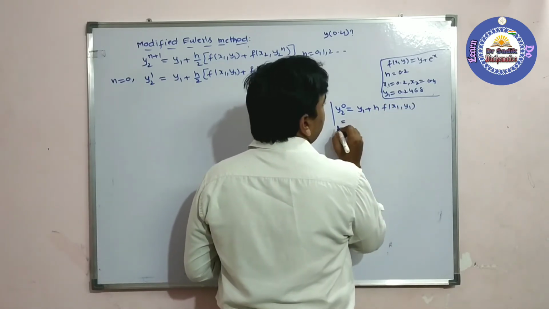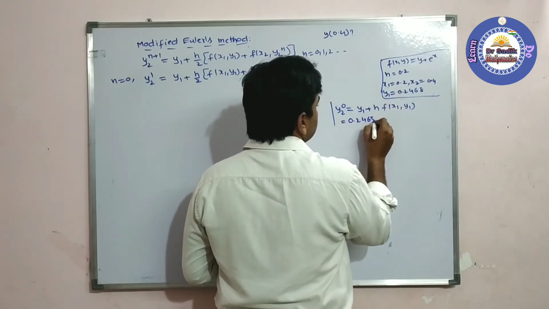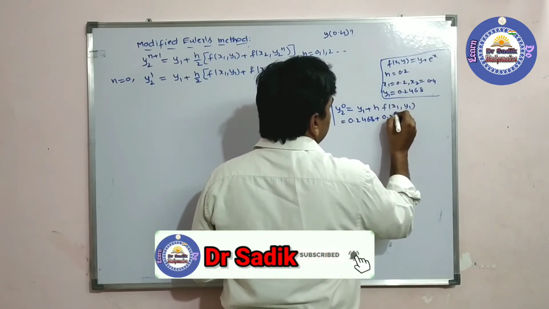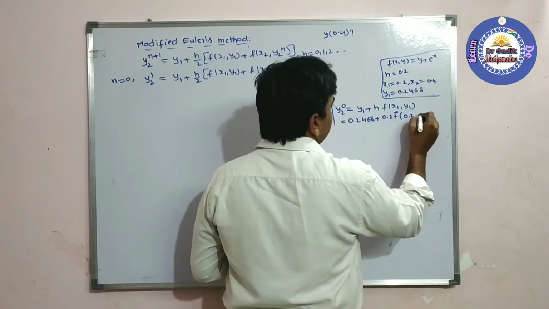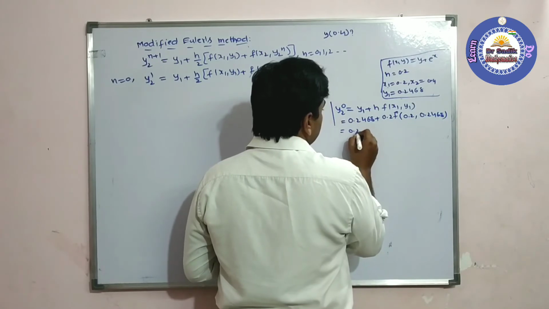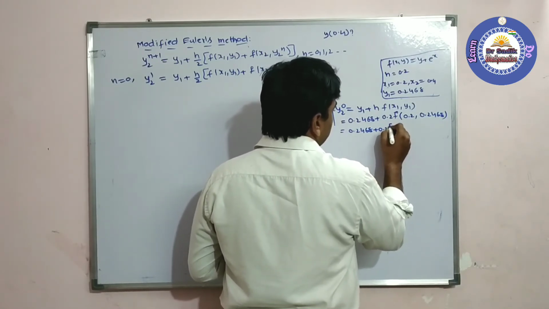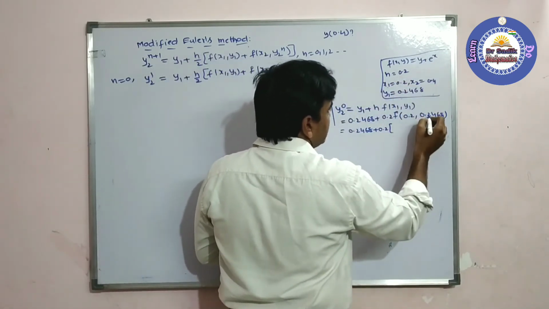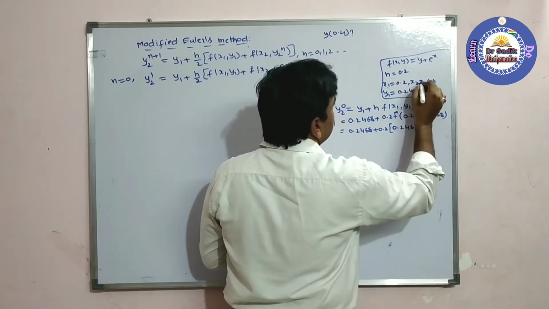That is equal to y1, students. What is y1? 0.2468 plus h value, students, 0.2 into f of x1, students. That is x1 0.2, y1 0.2468. So that is equal to 0.2468 plus 0.2 into, say, students, what is f of x y? Y plus, what is y? 0.2468 plus e power x.